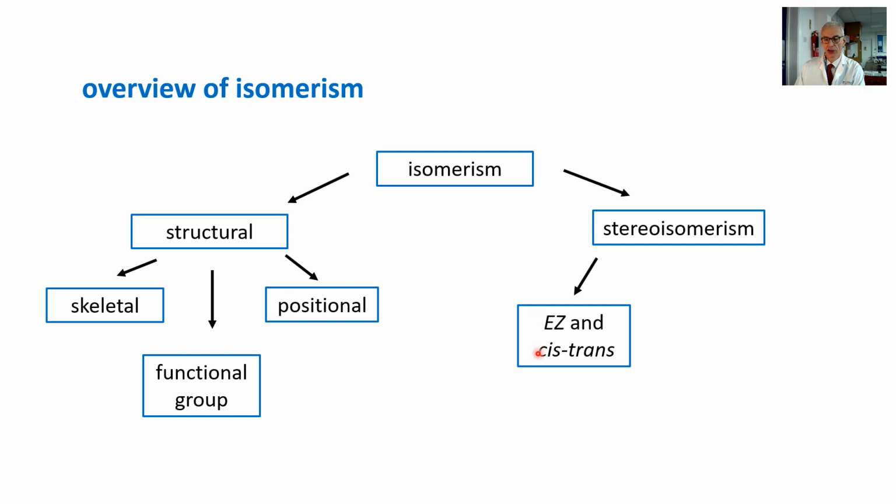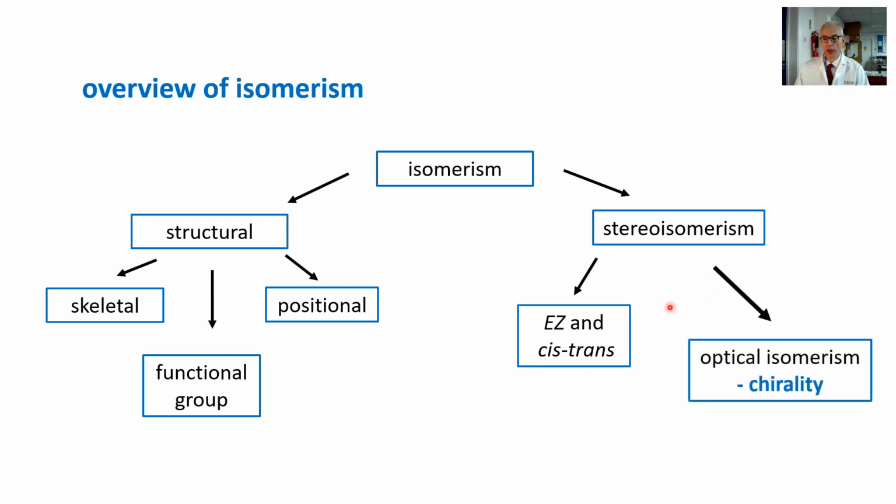EZ and cis-trans are the examples you have met in relation to the chemistry, in particular, of the alkenes. But we're now going to introduce optical isomerism, otherwise known as chirality, as a second form of stereoisomerism.